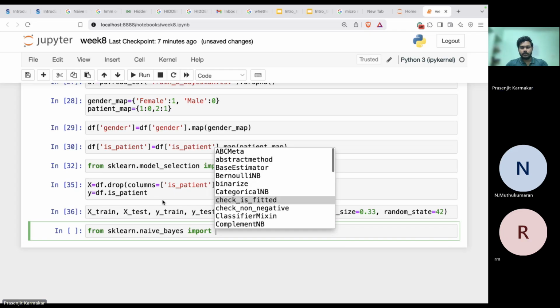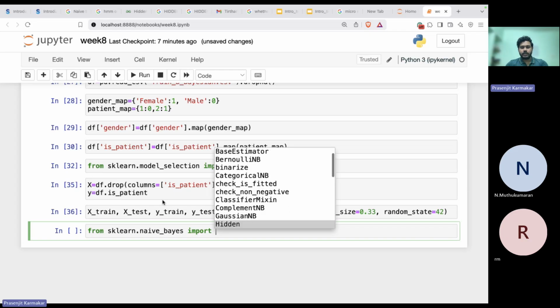You see, these are Categorical NBs, Gaussian NBs, or anything, right?